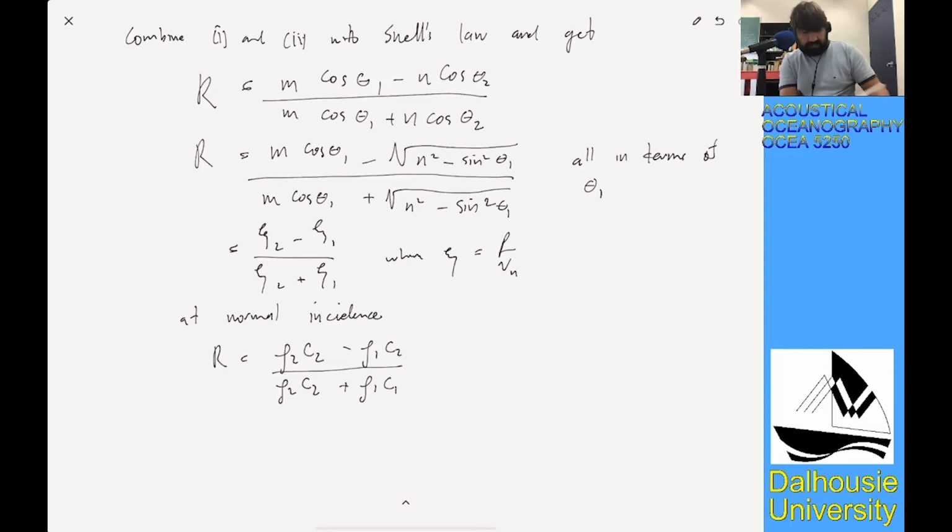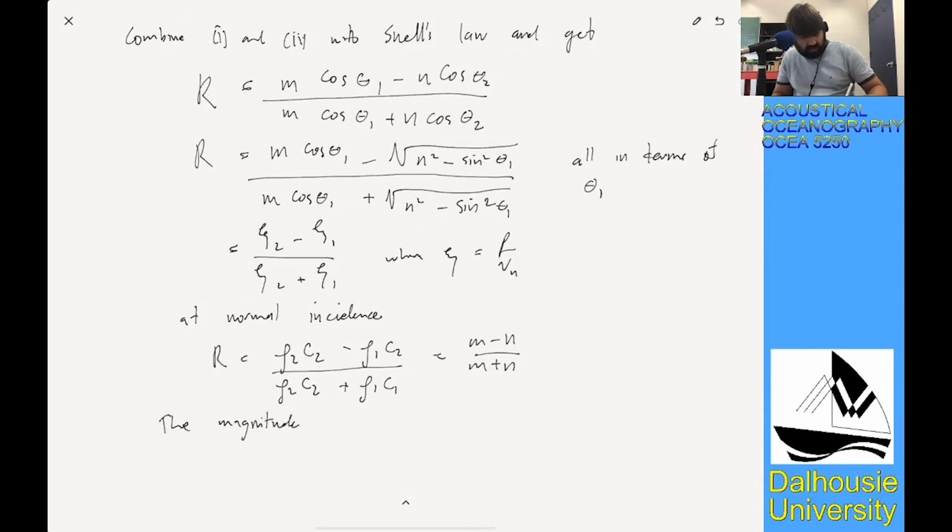So it really is just the properties in the two different regions that give you that reflection coefficient. So let's write that down. This is a very, very elegant, simple solution.